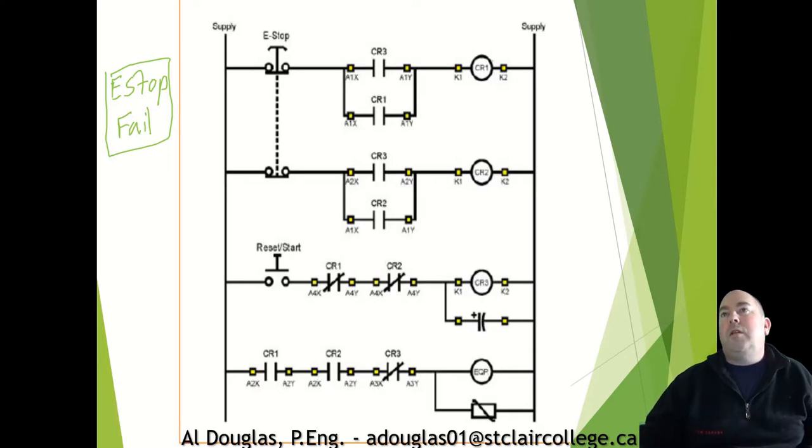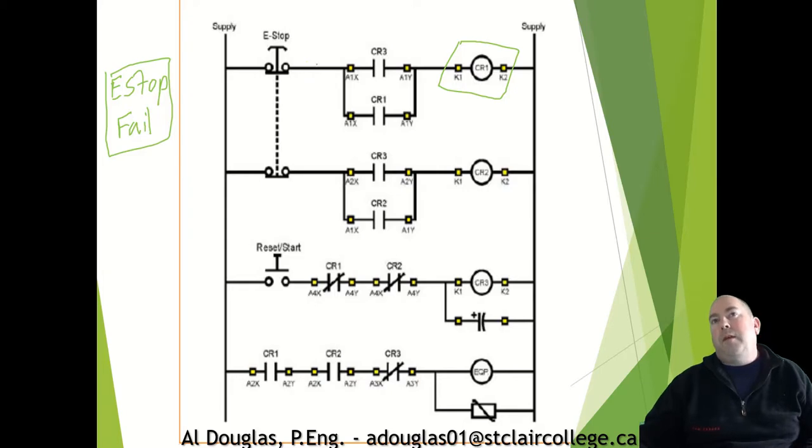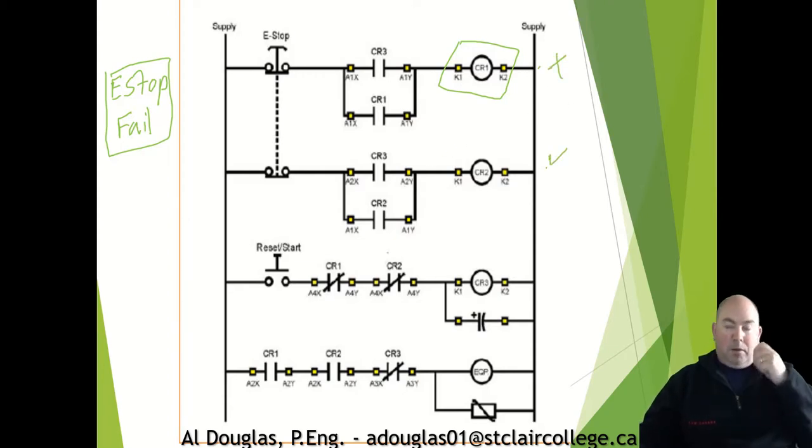So let's say this relay stuck in the closed position. So we're running our circuit, we hit the stop button, this relay opens up again, this relay doesn't. So that opens our circuit, and we de-energize power to the equipment.